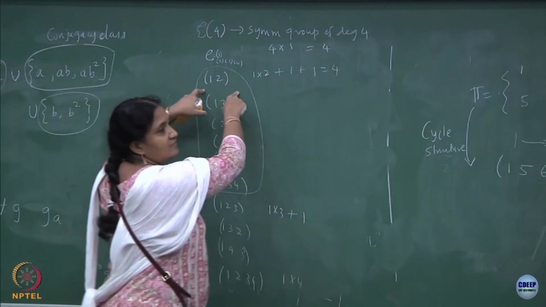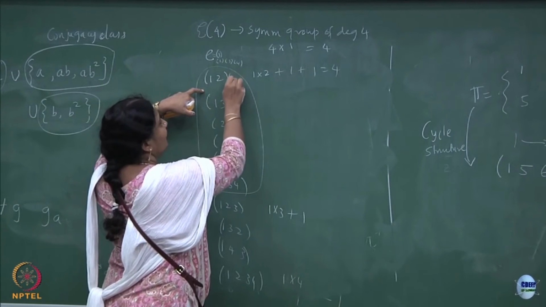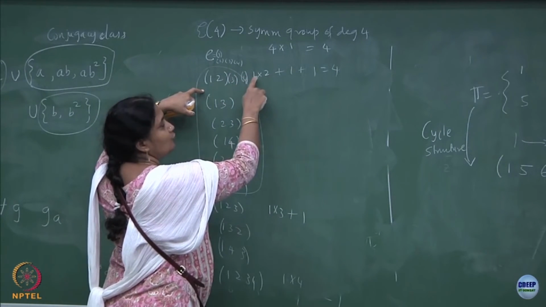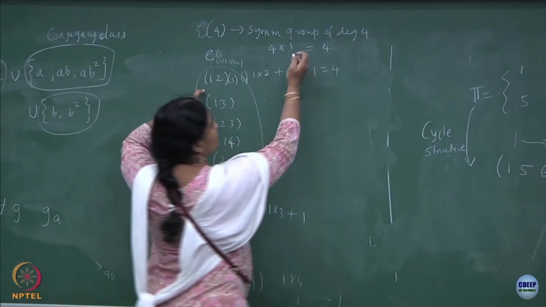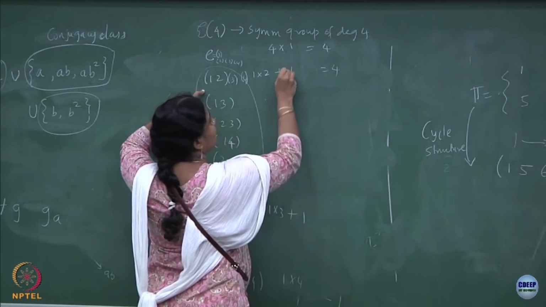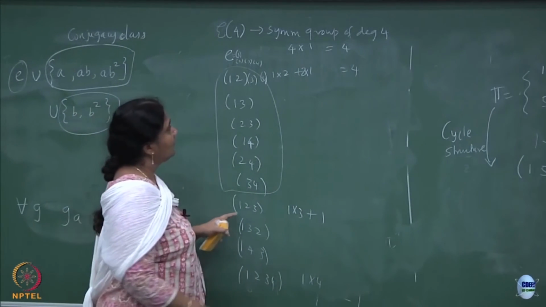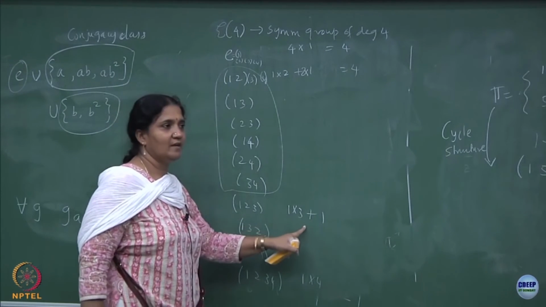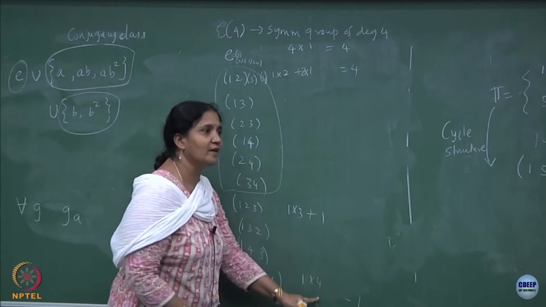This one, 1 2 is a 2 cycle, then you have a 3, then you have a 4. So, 1 2 cycle and 2 1 cycles, okay. So, maybe this also I can write as 2 into 1. How about this? It is 1 3 cycle and 1 1 cycle. What is this? It is 1 4 cycle, okay.